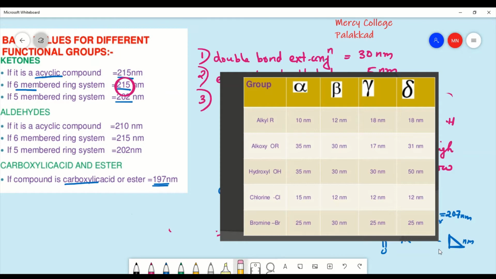Suppose you have a ring system like this. This is a double bond over here, ketone, alpha beta unsaturated ketone, right? Then one more ring is present in this, suppose like this, and here one CH3 group.